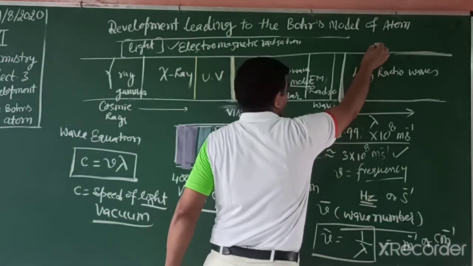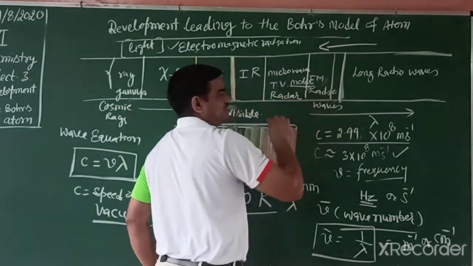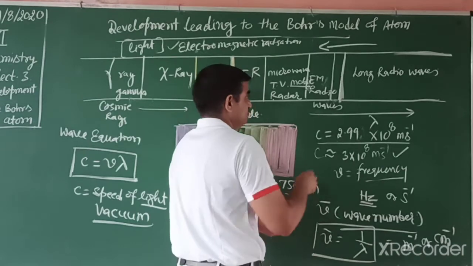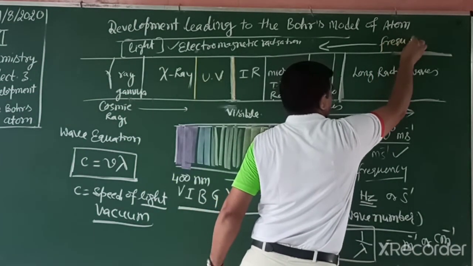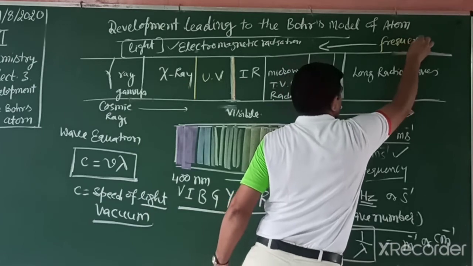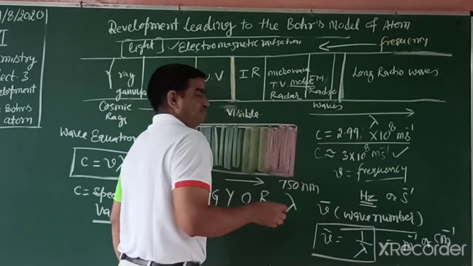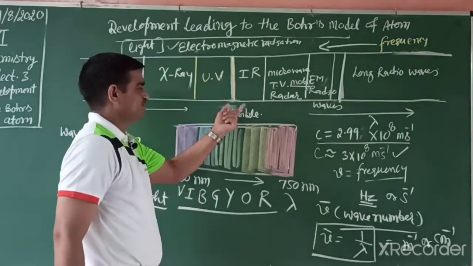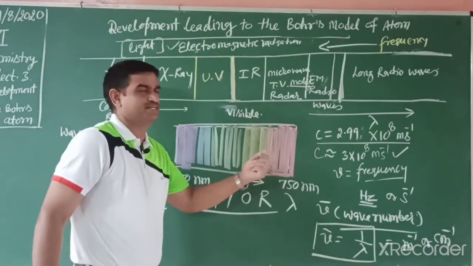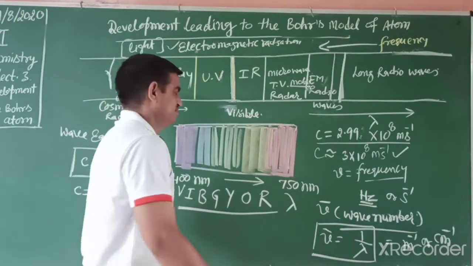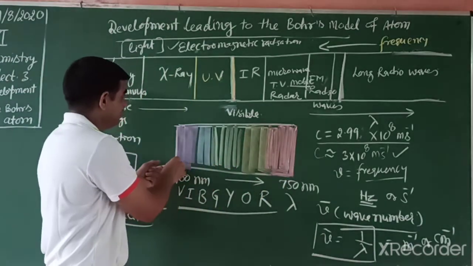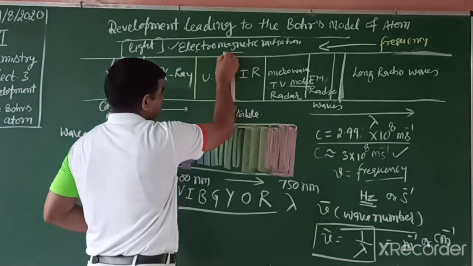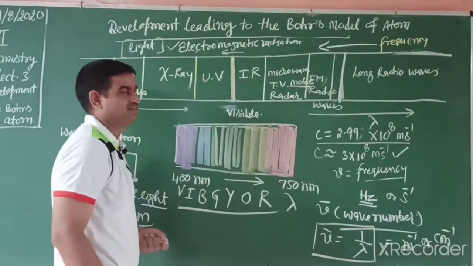On this side, students, frequency increases. Sometimes a question comes: which color has the lowest frequency? Red color frequency is lowest and violet color frequency is highest, because frequency increases in this way.